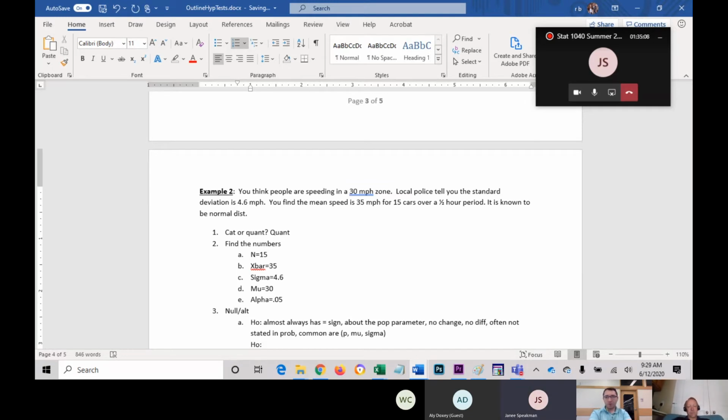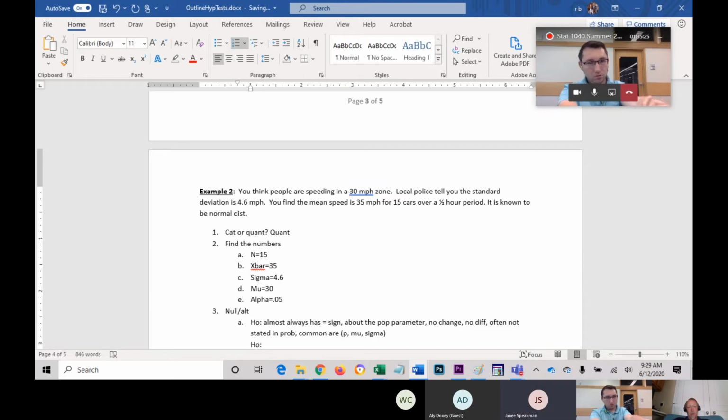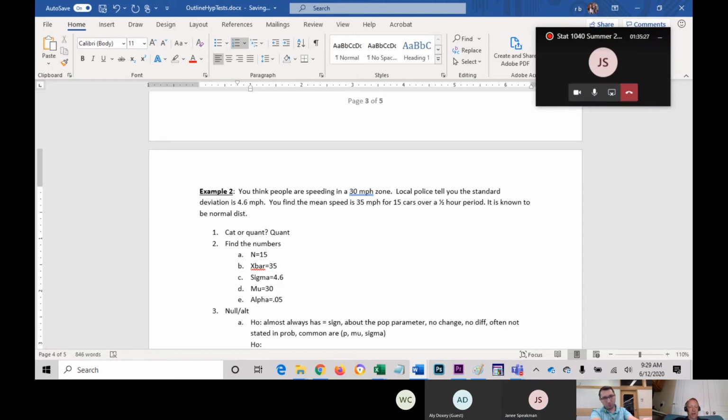So if it's about the population parameter, would that mean it would be about the 15 cars? It would be about the 15 cars, but N is not one of the common ones that we're going to use.